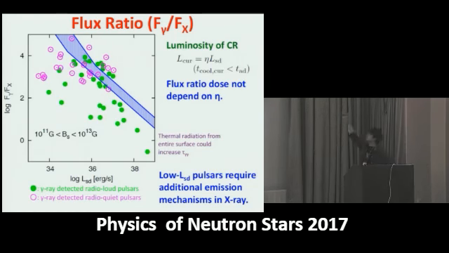This could increase the X-ray flux because the percolation efficiency increases, so maybe this is not a problem. But for low spin-down luminosity pulsars, maybe another mechanism or another emission location is required to explain these flux ratios.